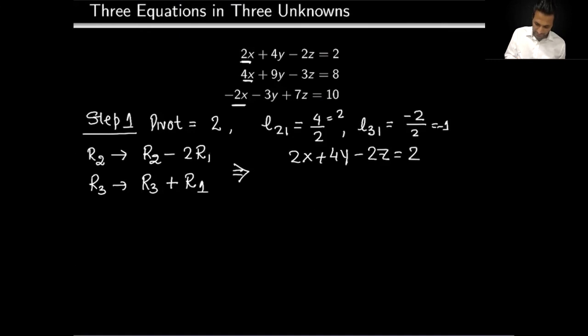And here we will have 4, 8, 4, 4. Then 4 minus 4 is 0, that becomes 8. So 9 minus 8 gives you y here.